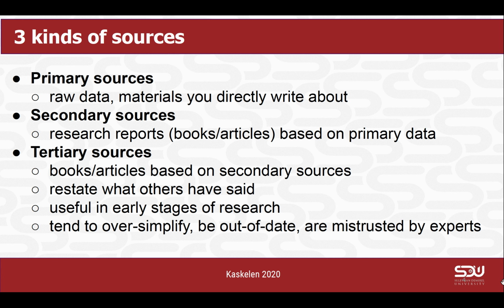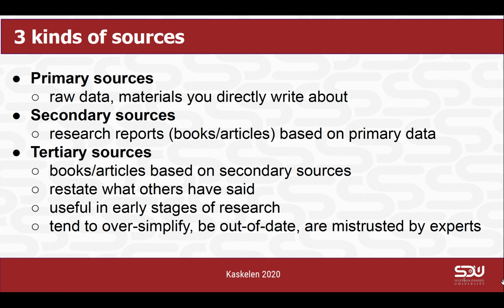And usually those sources tend to oversimplify things, right? Because when you are telling about what other people did, you have to summarize that. And when you summarize things, you have to really omit details, you have to omit caveats, things that are discussed in detail in secondary sources.